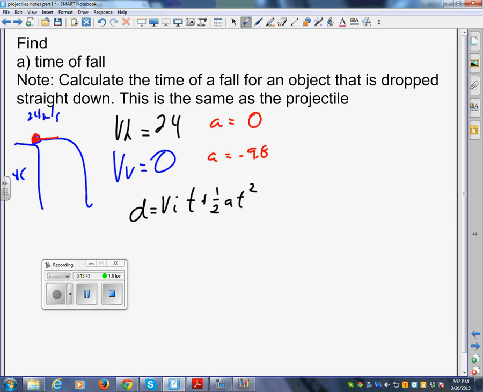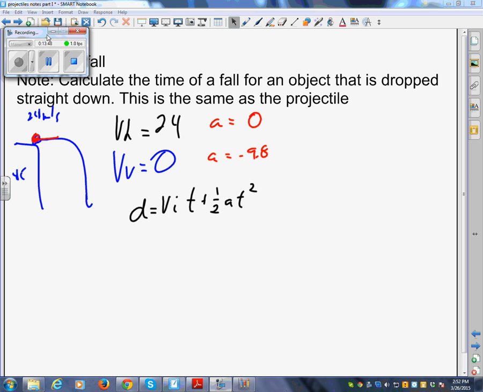Do I know enough in there? Yeah. What's my distance? What's my initial velocity? 0. Hannah is correct, 0.